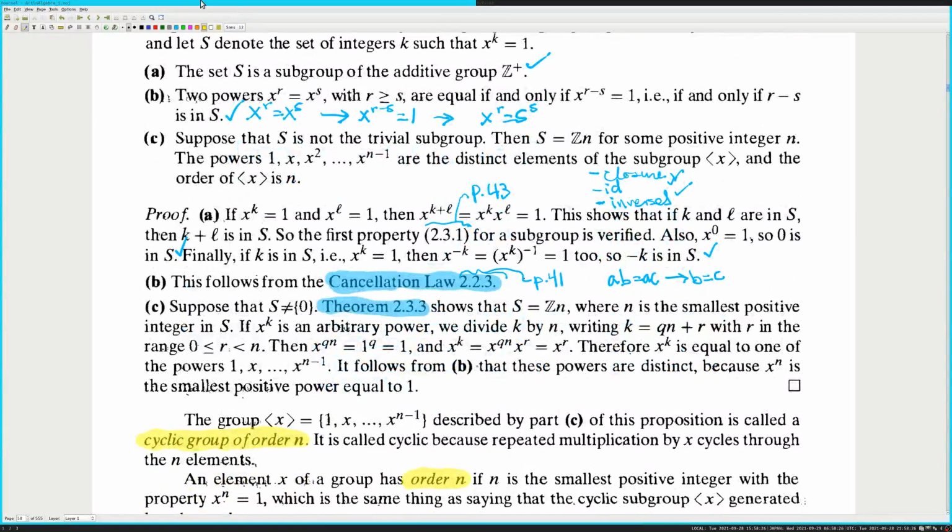All right, let's walk through this again. Okay, theorem 2.3.3. Let me walk through and denote where all the references are. 2.3.3, where's that? That is page 44. I'll just use this. Page 44. What is this? This is that every subgroup is one of these.